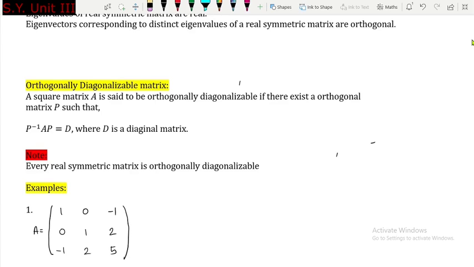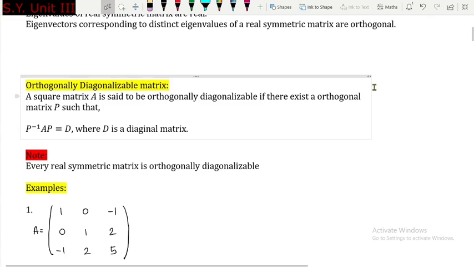Now we are going to see a new concept, that is orthogonally diagonalizable matrix. A square matrix A is said to be orthogonally diagonalizable if there exists an orthogonal matrix P such that P inverse AP is equal to a diagonal matrix.